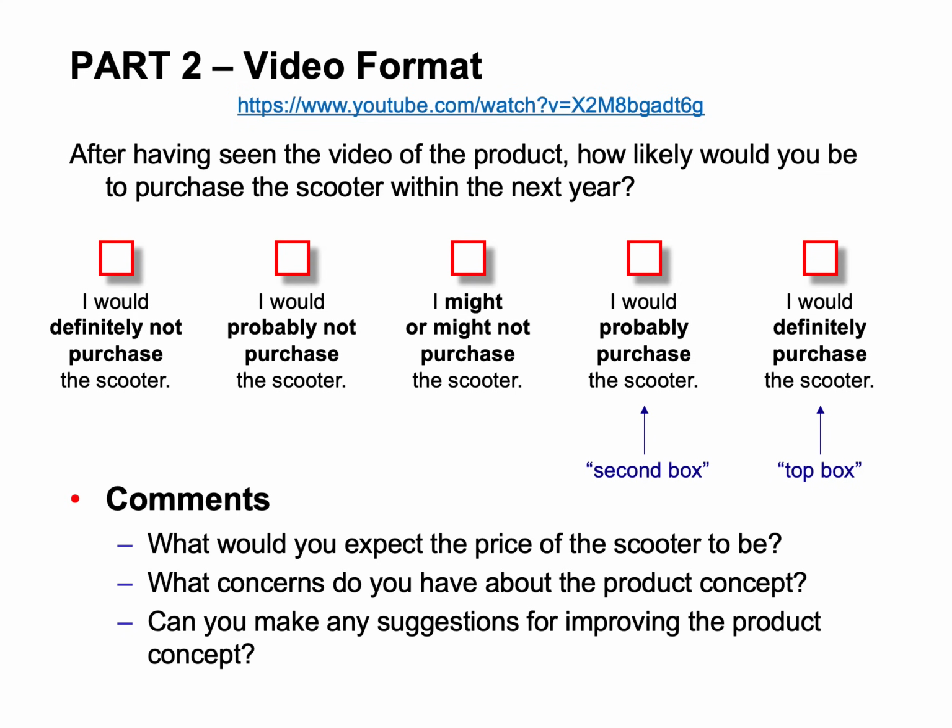How likely would you be to purchase the scooter within the next year after watching the video? Here it's very important that you identify what you would expect the price of the scooter to be from the customers. Ask them again, and what concerns do you have about the product concept? This should be asked to the interviewees. And also you can ask them, can you make any suggestion for improving the product concept itself?